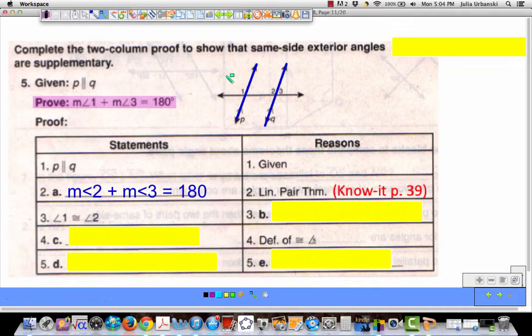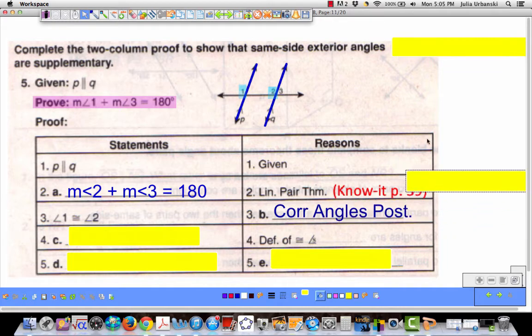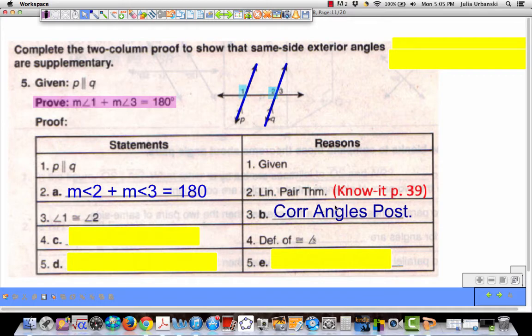So this angle right here and this angle, those are corresponding angles. They're both in the top left-hand spots. And the rule that we said earlier today is that corresponding angles are congruent whenever the lines are parallel. So angle 1 is congruent to angle 2 because they are corresponding angles by the corresponding angles postulate.